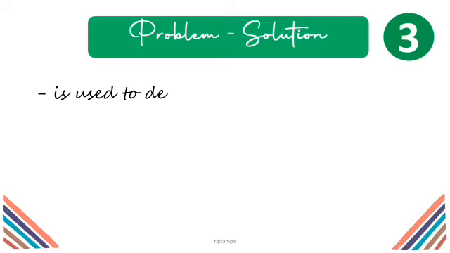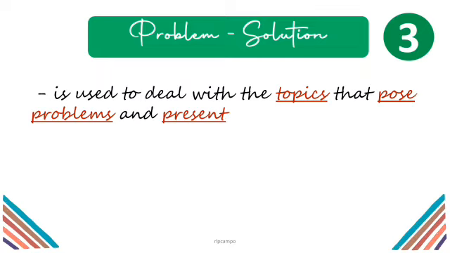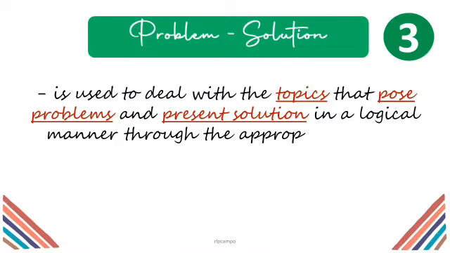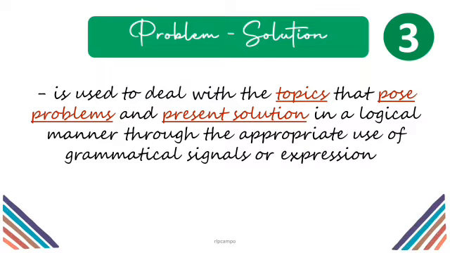In speaking or writing, the problem-solution pattern of development is used to deal with topics that pose problems and present solutions in a logical manner through the appropriate use of grammatical signals or expressions. In short, it is used to present a problem and the possible solution to this problem. These are the grammatical expressions in this category.